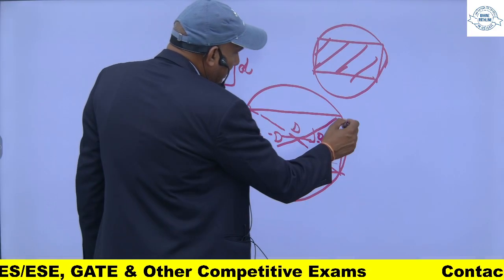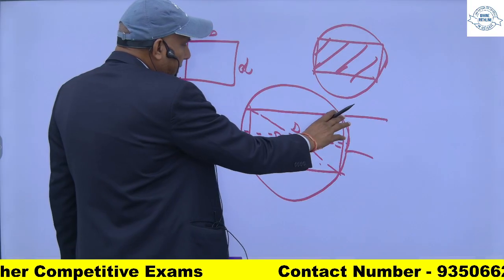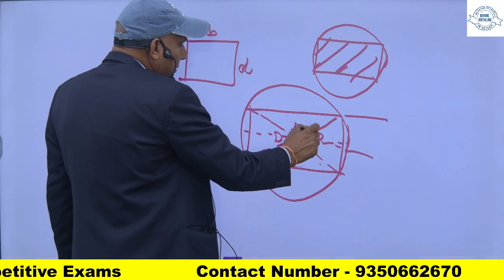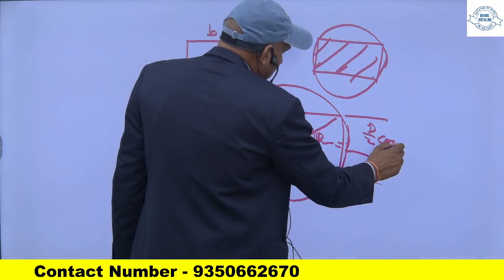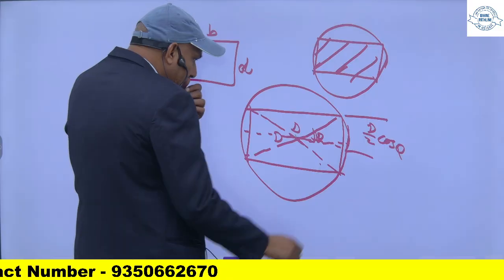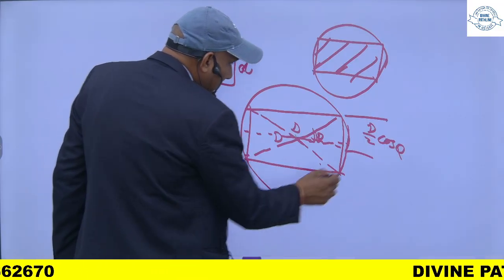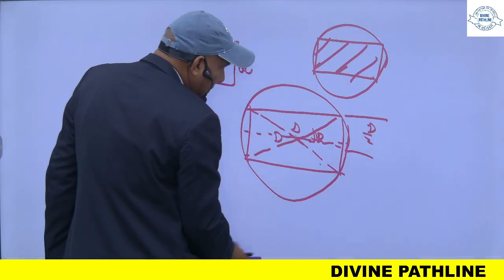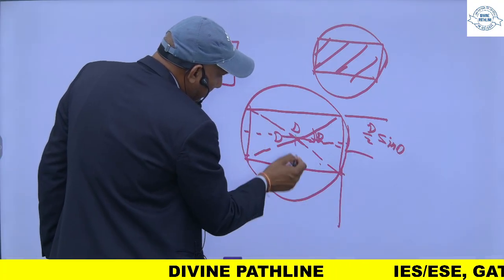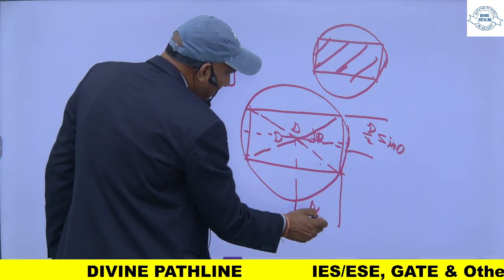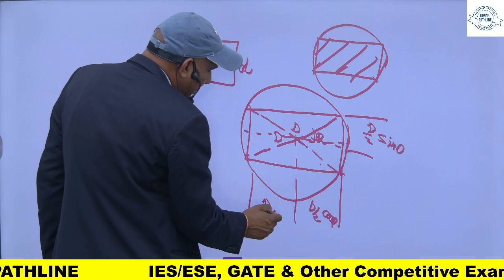As this is half of D, this will be D by 2 sin theta, and this one will be D by 2 cos theta, and this is also D by 2 cos theta.